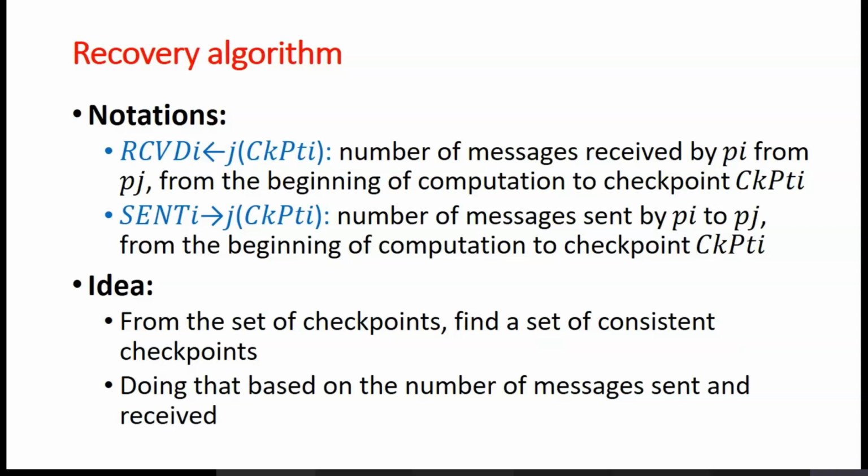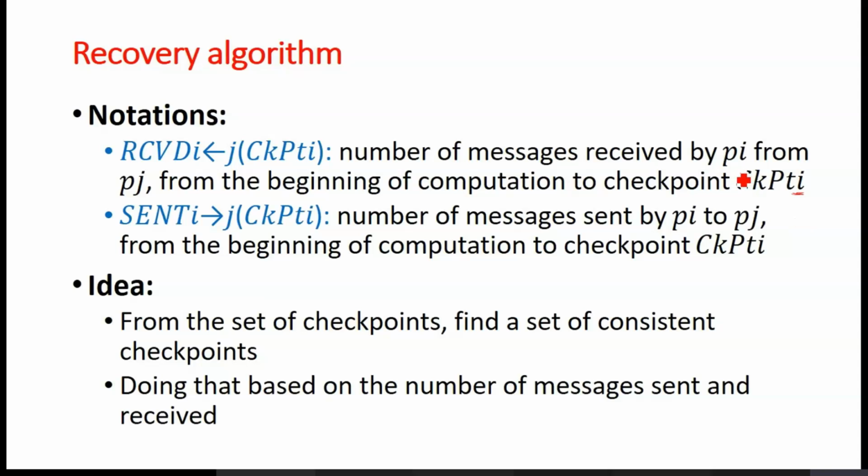The notation RCVD(i, j) at CKPT_i, where CKPT_i is the local checkpoint of process i, is the number of messages received by Pi from Pj from the beginning of the computation up to the checkpoint CKPT_i. And SENT(i, j) at CKPT_i is the number of messages sent by Pi to Pj.